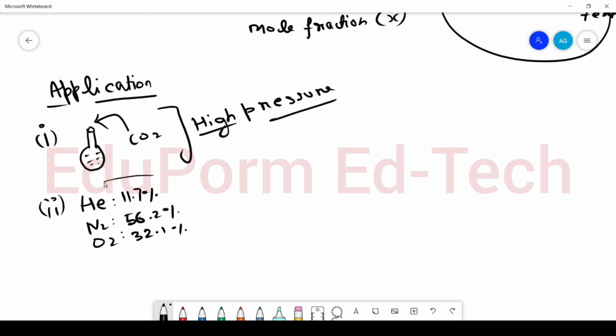So the scuba diving tank, or the oxygen tank that scuba divers use, is filled with gases such as nitrogen and helium to increase the pressure, as solubility will increase as the pressure increases. This is to avoid the medical condition called bends.